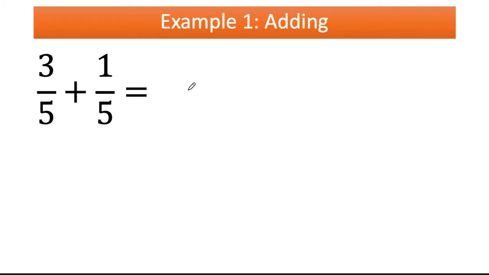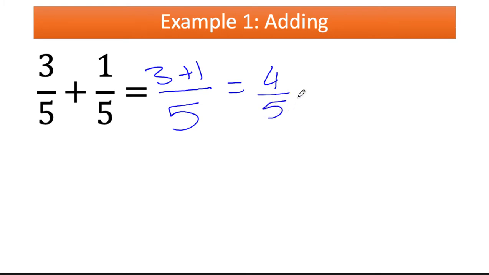So do you think we have to do anything with the denominators? No. Yeah, that's right. So what I will do is to add the 5 here as a denominator, and I will add 3 plus 1 as numerators, which is 4 over 5. Now, do we have anything else to do? Can we simplify it more? No, we cannot, so this is the final answer.